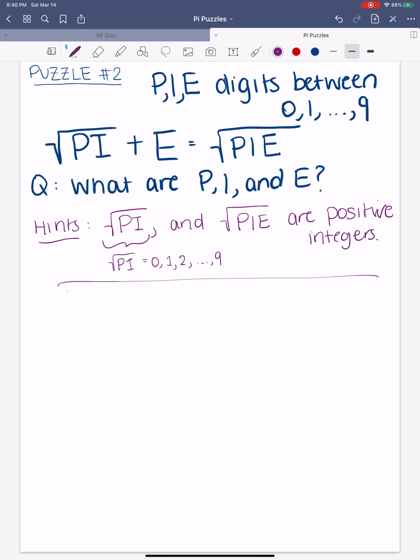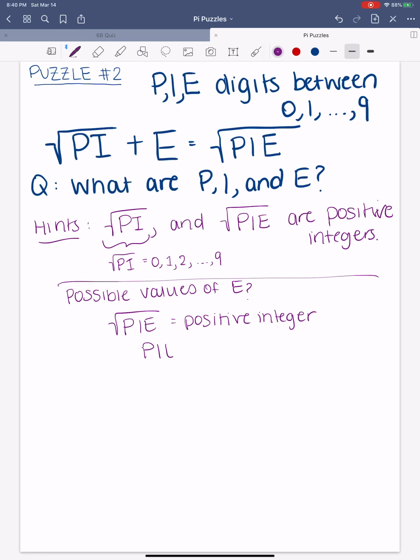Another hint is that, what are possible values of E? Well, so we know that square root of PIE is a positive integer. And this tells us that PIE, when we treat it as a 3-digit number, is a perfect square.